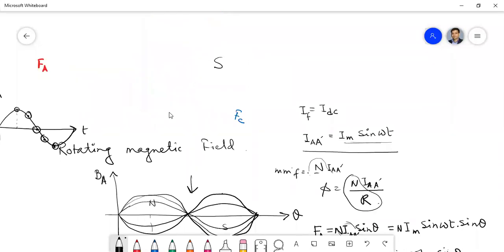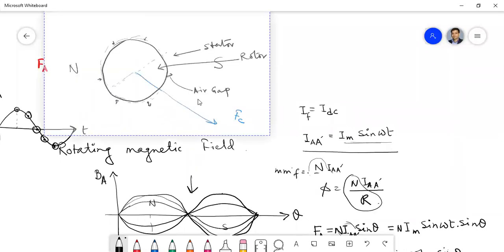Now what is the structure of the rotor? Just a minute.